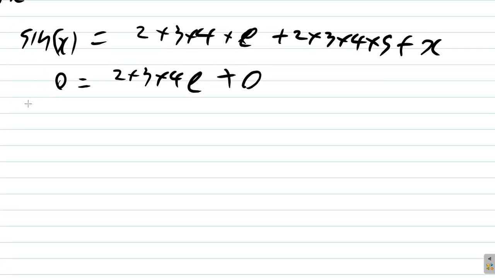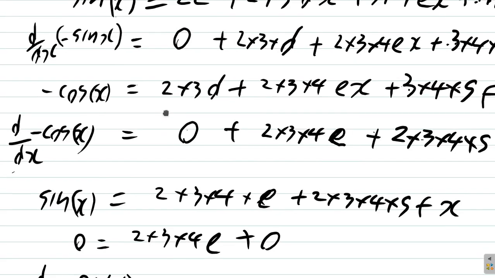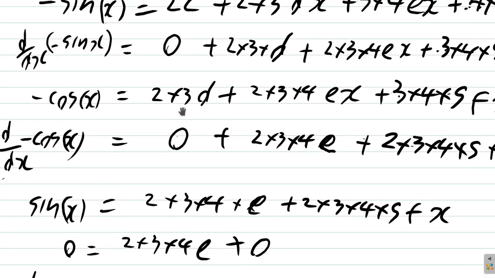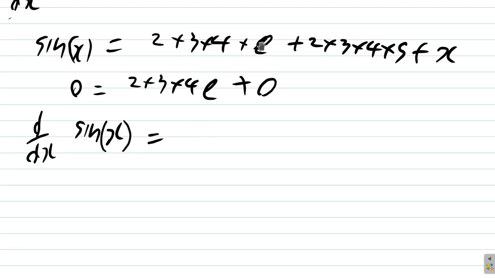Right? When you find the derivative with respect to x of sine x, it is going to be equal to, when you differentiate this up here, this is what we're differentiating, right? When you differentiate it, this would be a constant, so it will go to 0.